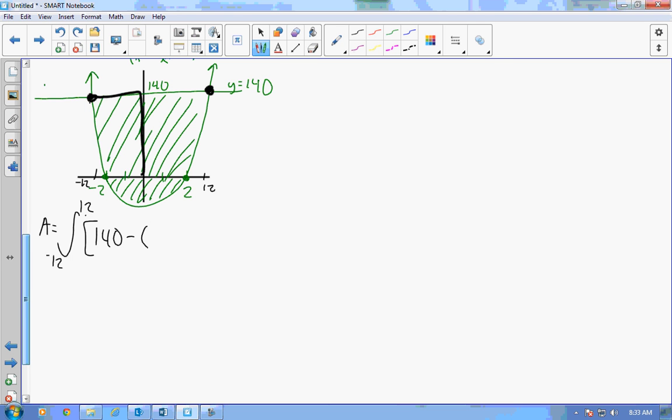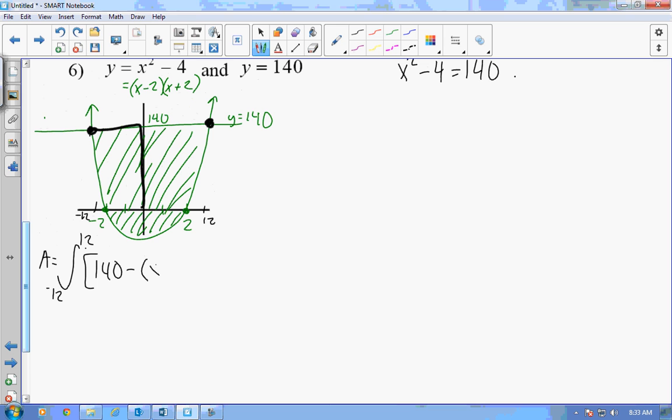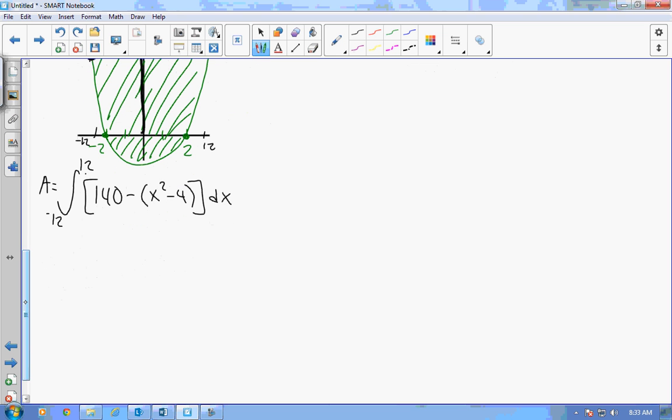So here parentheses are important: 140 minus the quantity x squared minus 4, dx. If you type that into your calculator, you would do parentheses 140. You can do it this way, but make sure it's a plus 4, or you can rearrange it into standard form. So what do you get?